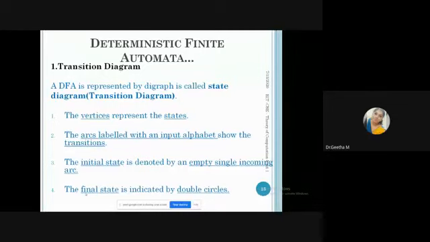So this is a transition diagram. Vertices are connected by edges, and likewise in transition diagrams, states are connected by transitions labeled with an input alphabet, the initial state is given by an empty single incoming arc, and the final state is given by double circles.